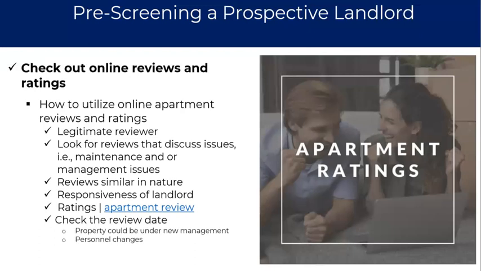An older review can still provide insight, but you don't know what has changed since then. For example, the property could be under new management, or they've had a lot of personnel changes. It could have undergone renovations. These changes likely won't be reflected in a review that's more than a year old. So keep that in mind when you're reading older reviews.